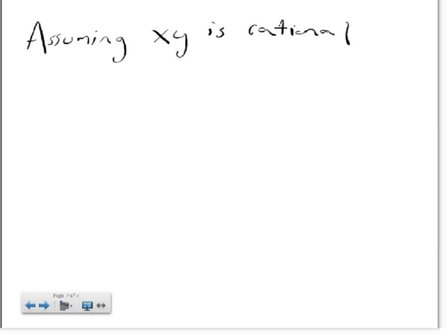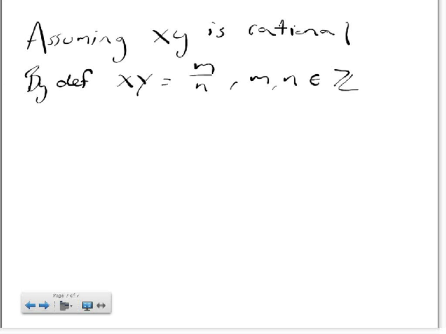So, moving into the proof, we're going to begin by assuming that xy is rational. So by definition, this means that we have xy equal to m over n, where m and n are integers.